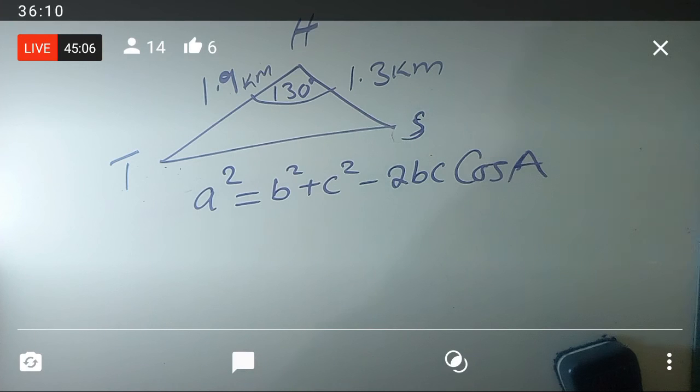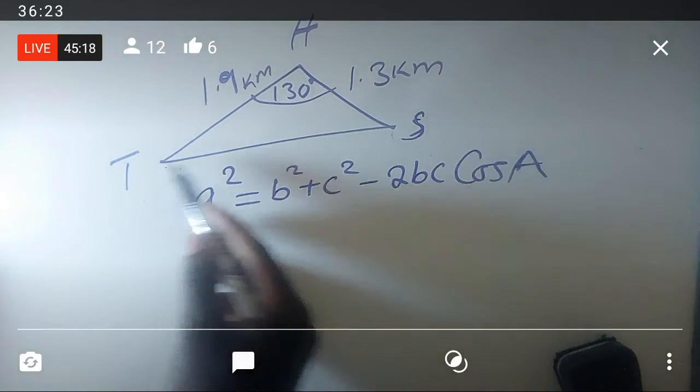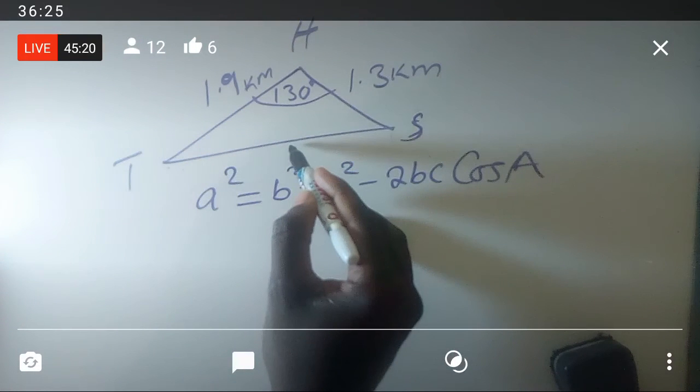Remember what I said. First thing is to label. So what are we looking for? We are looking for the length, or the distance, TS. So we'll label it as our X, the one we are looking for.